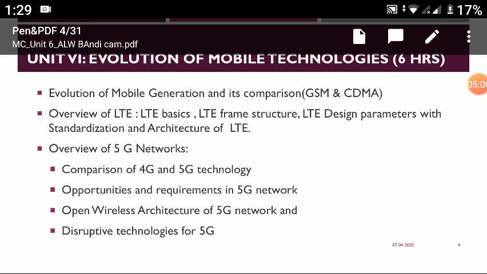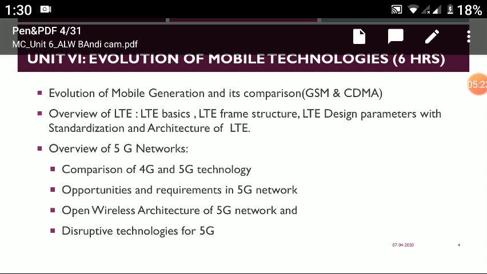Comparison of the 4G and 5G technology, means according to the features, specifications and requirements, ultimately you can get a clear idea about what exactly the difference is between the 4G and 5G technologies, the opportunities and the requirements in the 5G network.